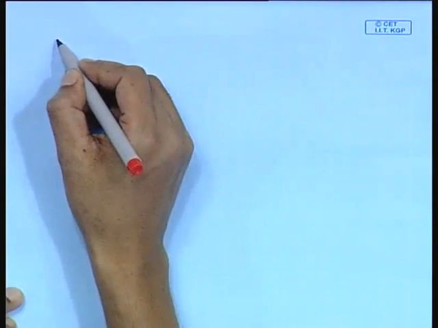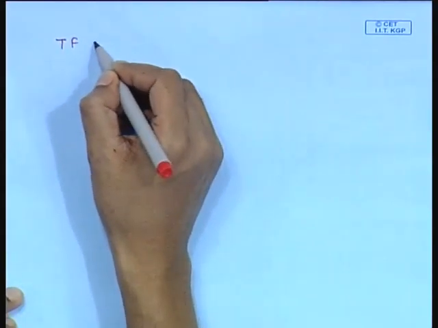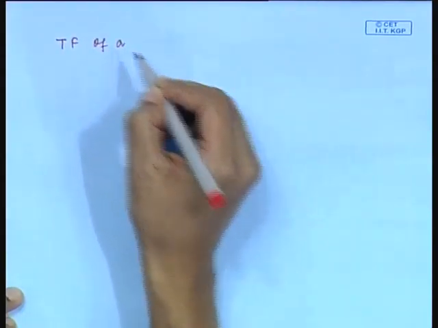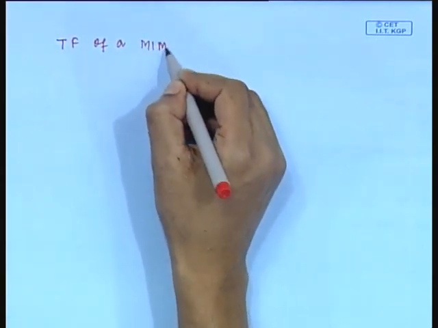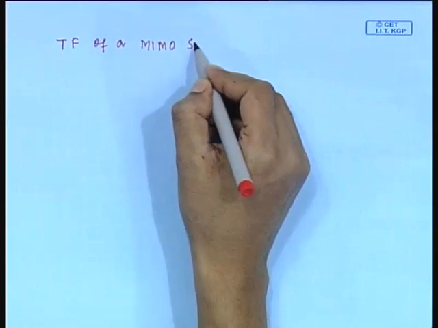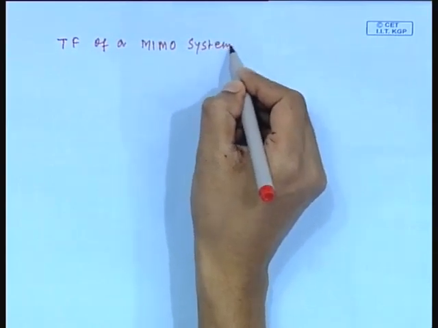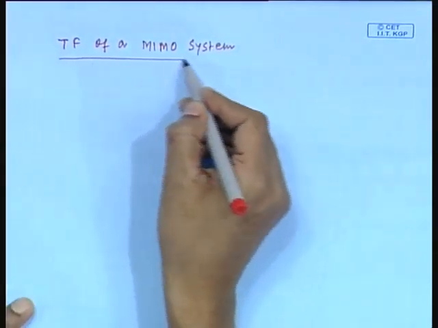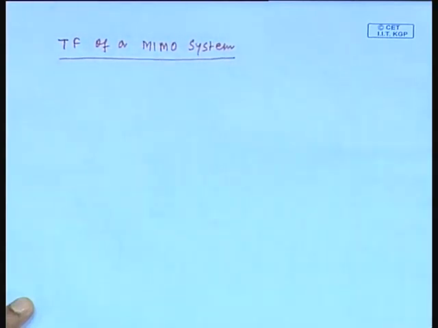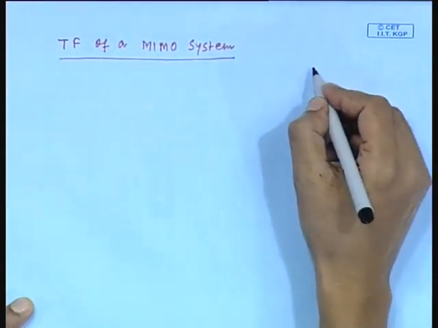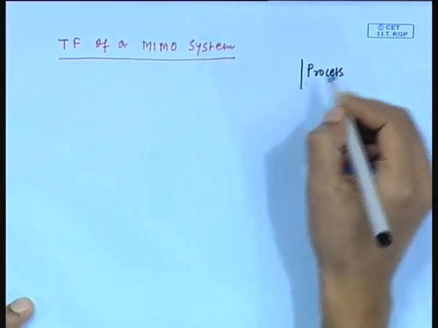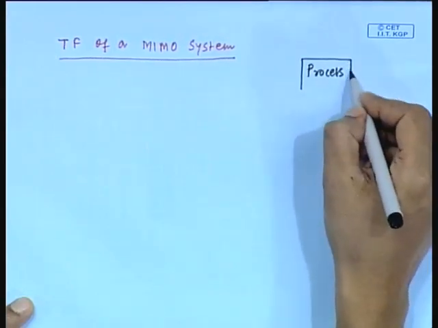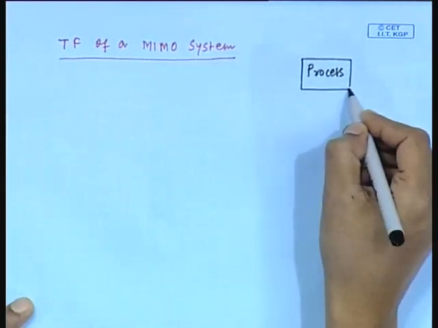Transfer function of a multi-input multi-output system. Now, the process we will represent in this way. This is the process.